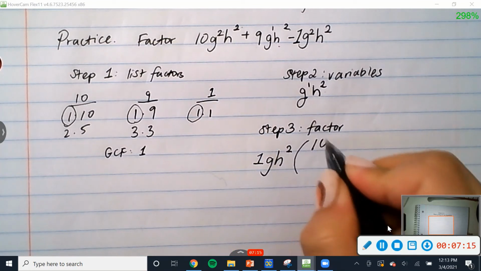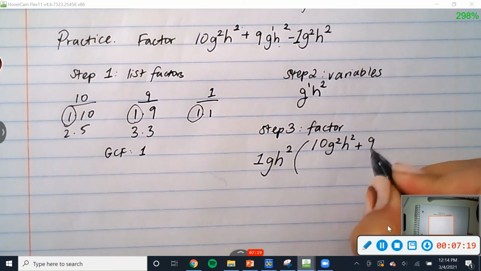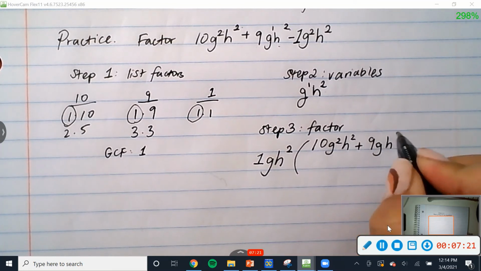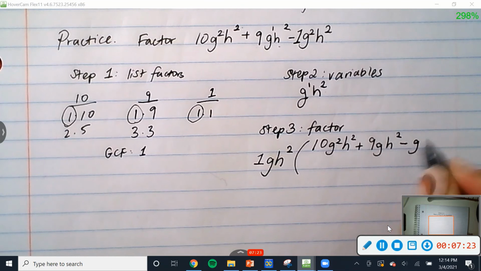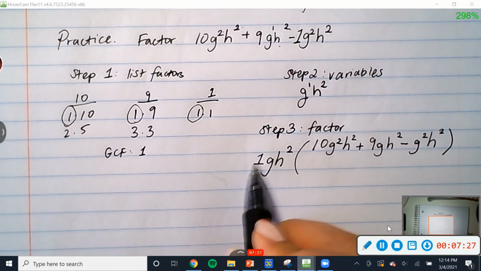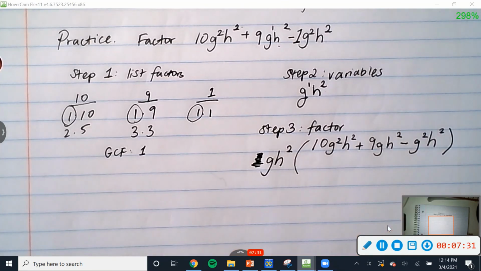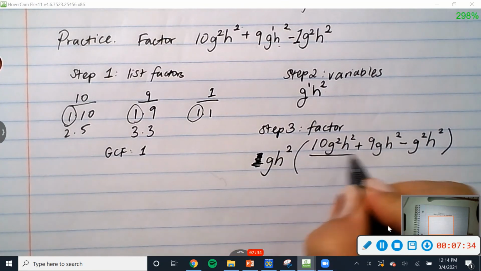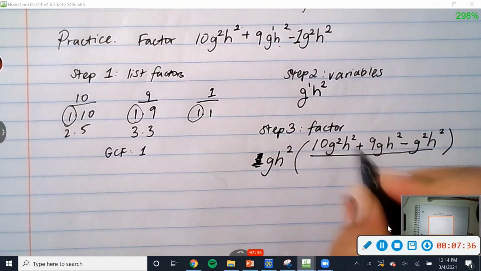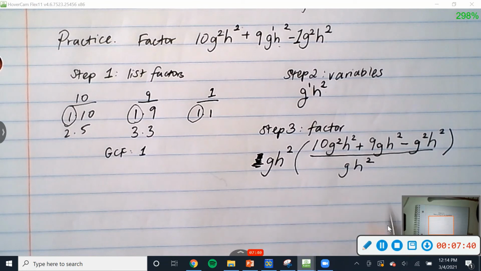So I'm going to write out the problem here inside my parentheses. And we don't actually need to write this 1 in front. I'm just going to get rid of this because we don't normally write the 1 in front. It's always implied. So I'm going to divide it by gh squared. Okay, now we divide 1 by 1.